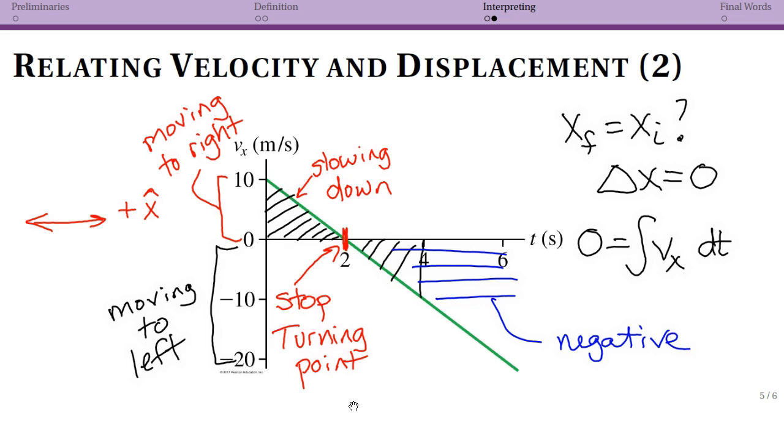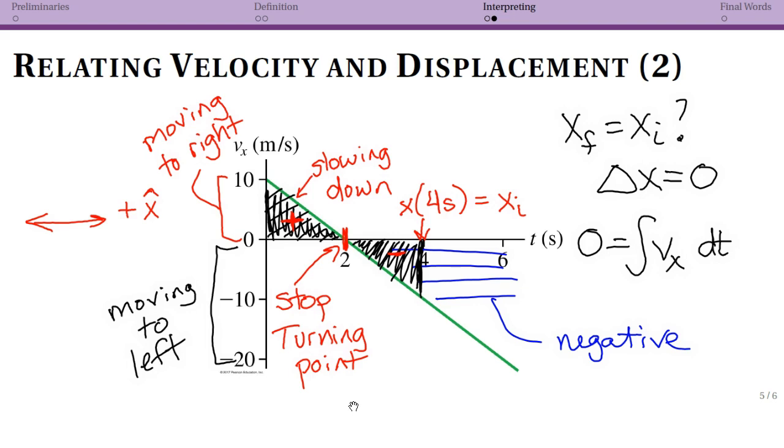So if you look, this lower piece here and this upper piece here are equal, but this one is positive and this one is negative. So at this time here, so the position at 4 seconds is in fact equal to our initial position because our total displacement is 0.